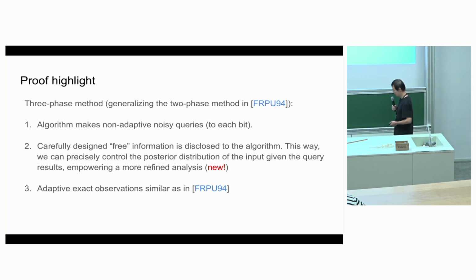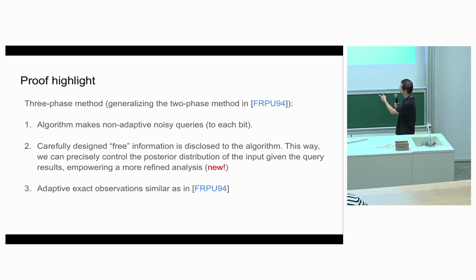Okay, I'm just going to give a very high-level proof idea here. Our proof is based on the previous work by Feige et al., and we extend their framework. They gave a two-phase analysis, and here we extend it to a three-phase analysis. In the first step, the algorithm makes some non-adaptive noisy queries to each one of these bits.